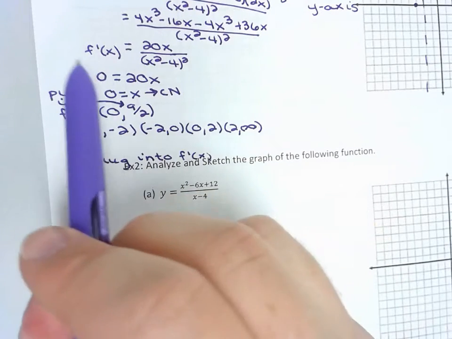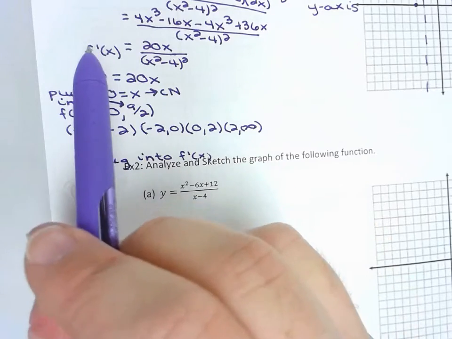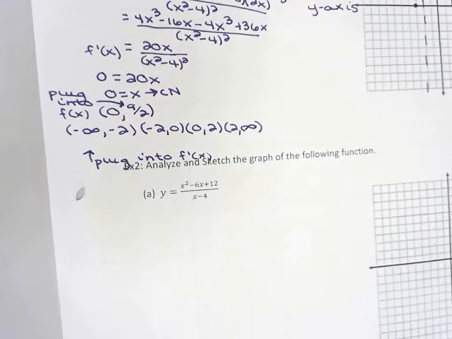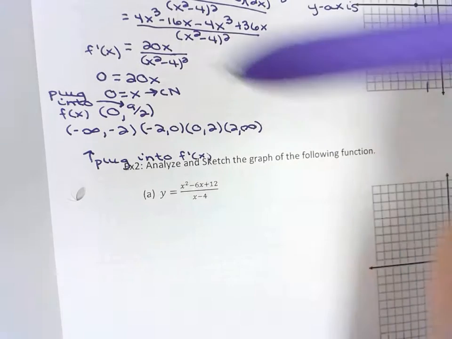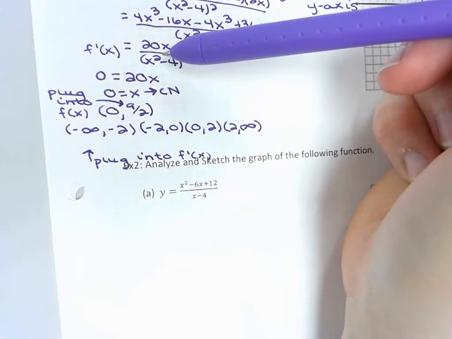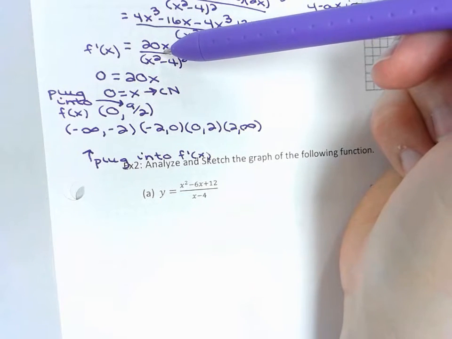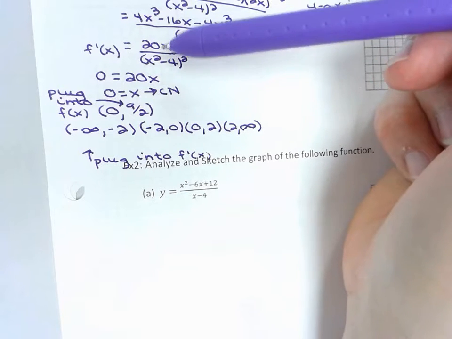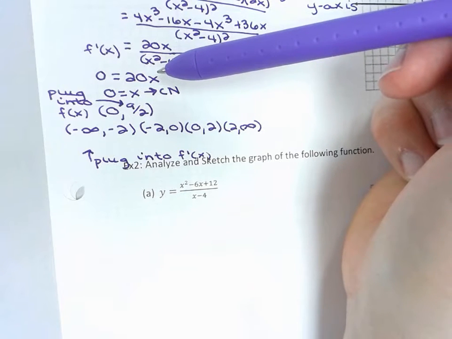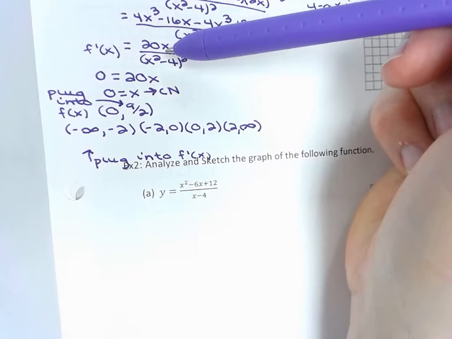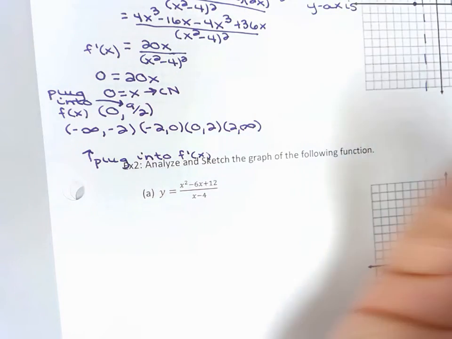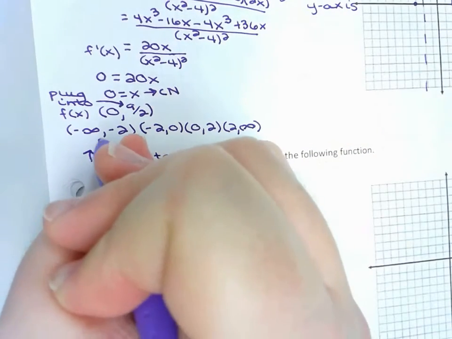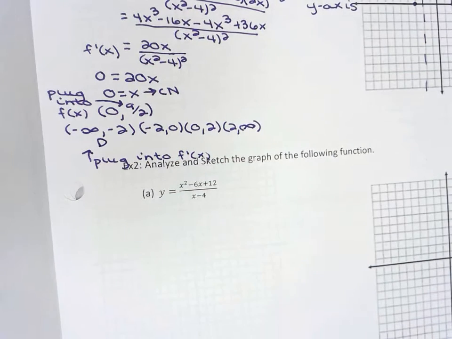This is why I kept the denominator there the whole time. So you make sure you plug it into the denominator too. So let's think about this. If I plug in a negative 3, I'm going to get a 1 on top. Negative over what am I always going to get in the bottom? Because I'm always going to square something. So I'm going to have a negative over a positive, so that's decreasing.